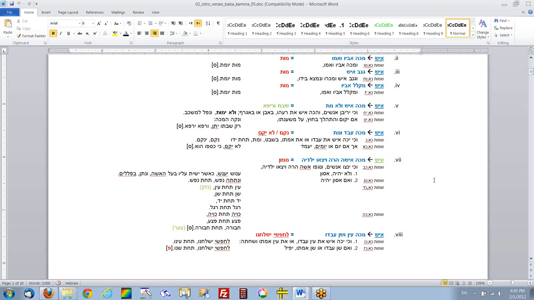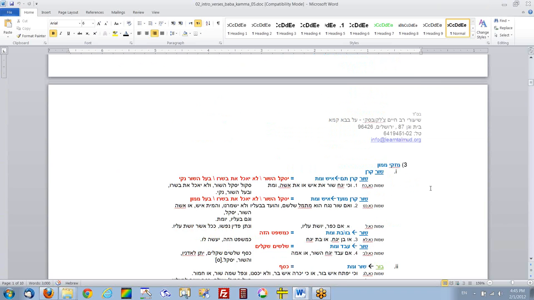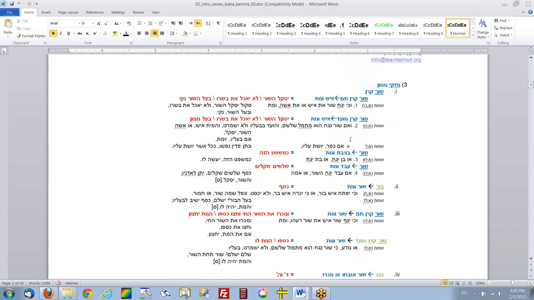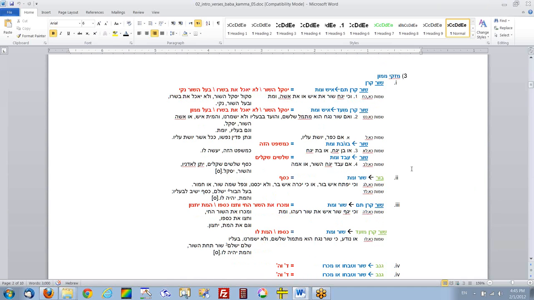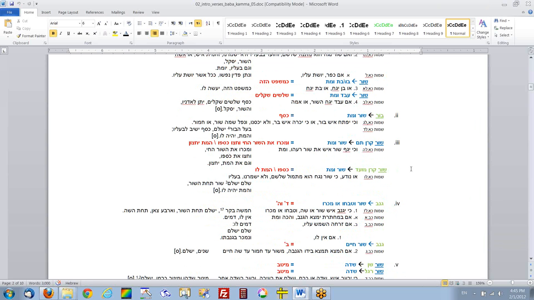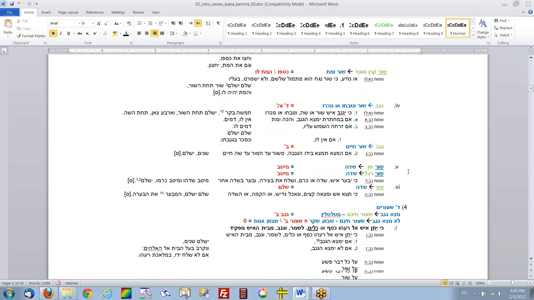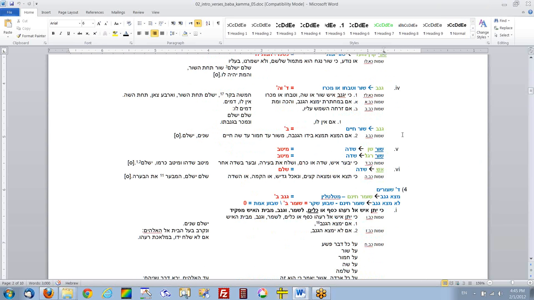Okay, so we have a halacha. Let's just go to that halacha just to show it to you inside that says the following. Here we are. Here's the pasuk. It's Chav Beis Gimel.